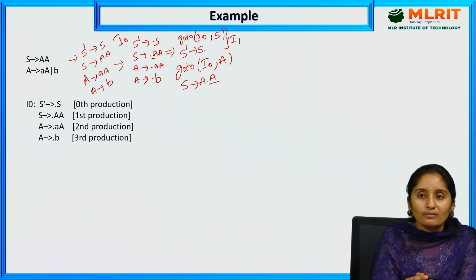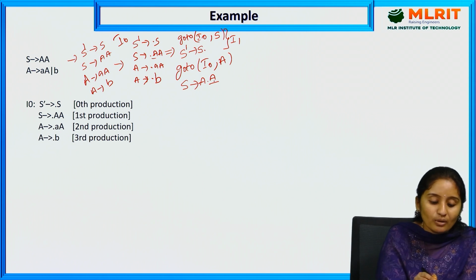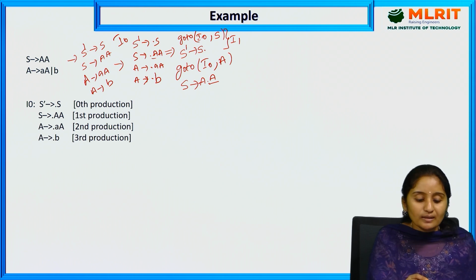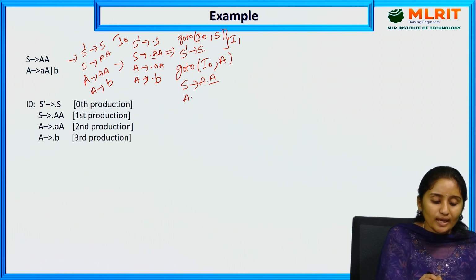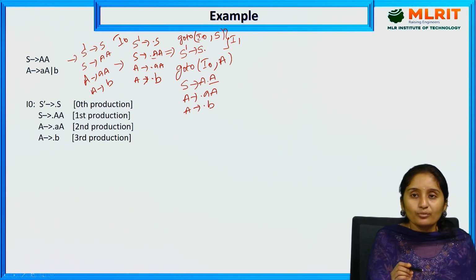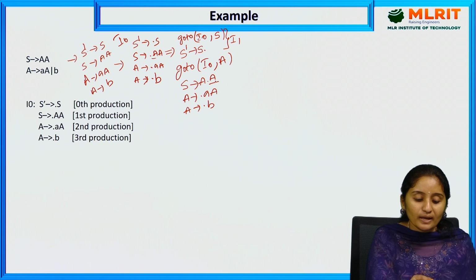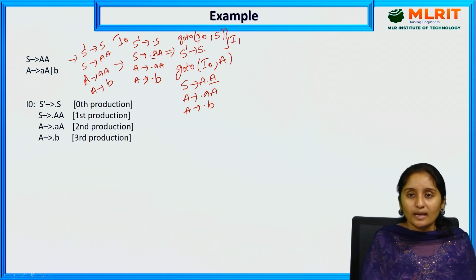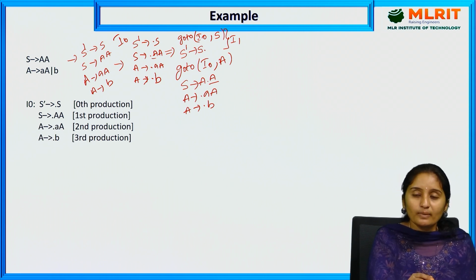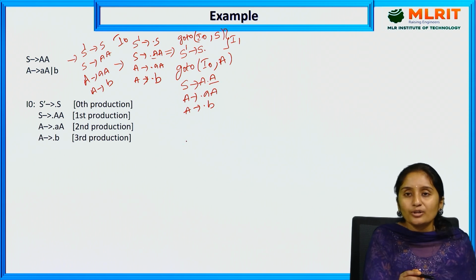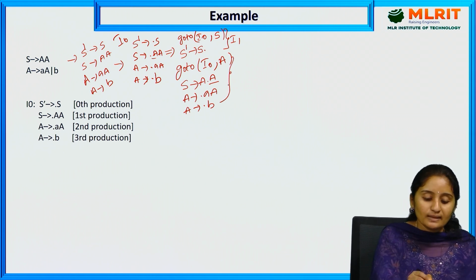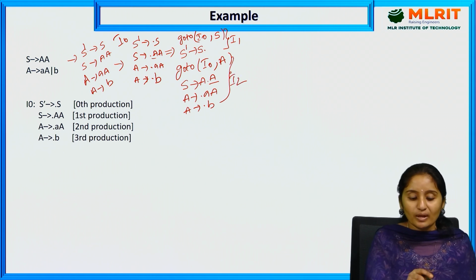Only for non-terminals do we have productions. So what are the productions of A? A tends to dot aA, A tends to dot B. We are not going to apply the goto function on the productions we write; we only expand that A. So this is the I2 state. I got a new state, so we mention it as I2.